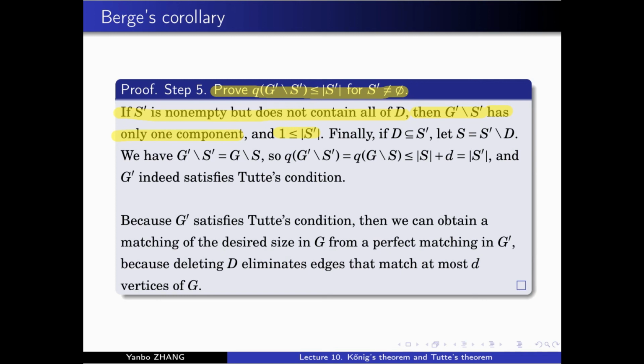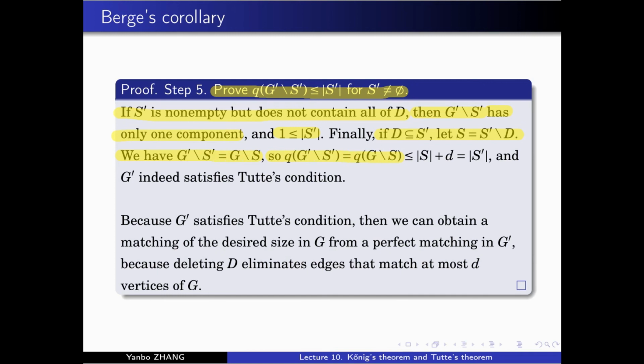The second subcase, subcase 2, is S prime contains all the vertices of D, that is, D is contained in S prime. Let S equals S prime minus D. So we have G prime minus S prime equals G prime minus D minus S. So it equals G minus S. So Q(G' − S') equals Q(G − S), because all the new vertices have been deleted.